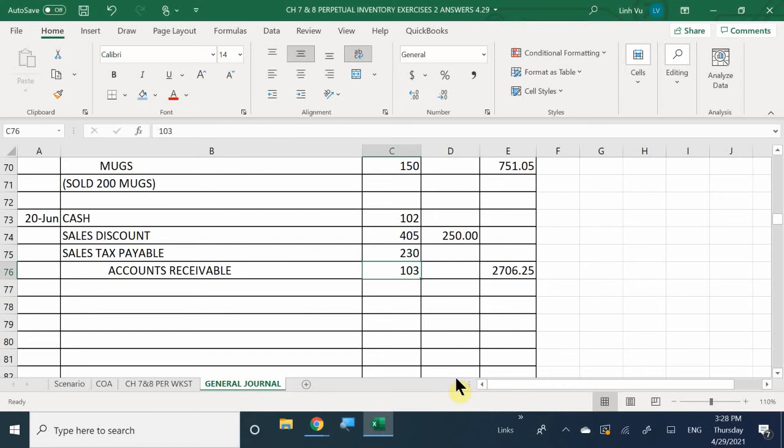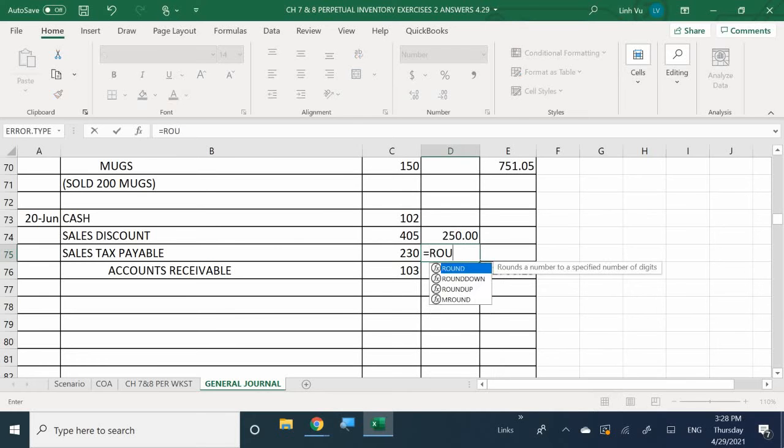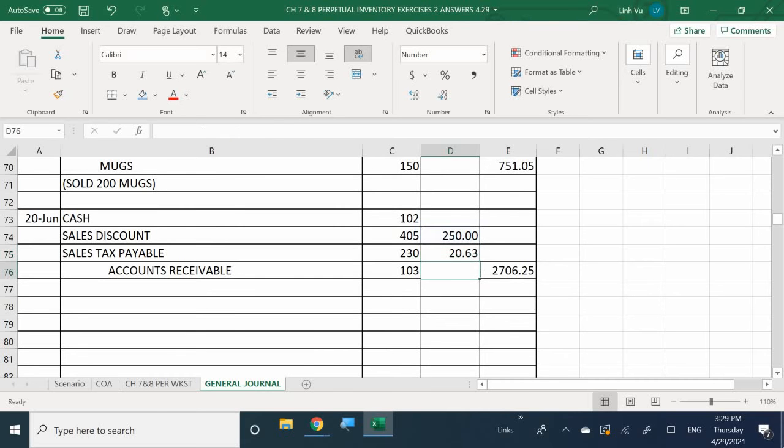So if I'm discounting them at $250, how much tax am I going to be returning upon the $250? $20.63. Sounds just about right. Good. So that was the 250, right?